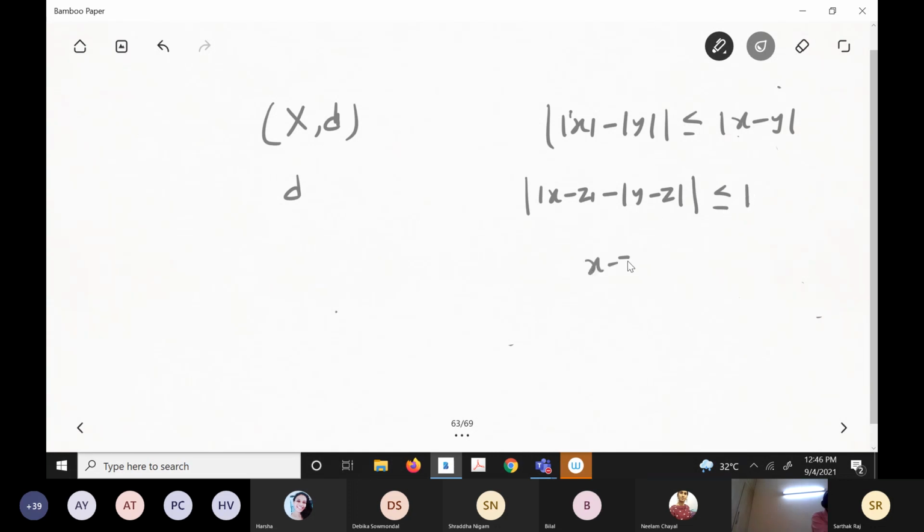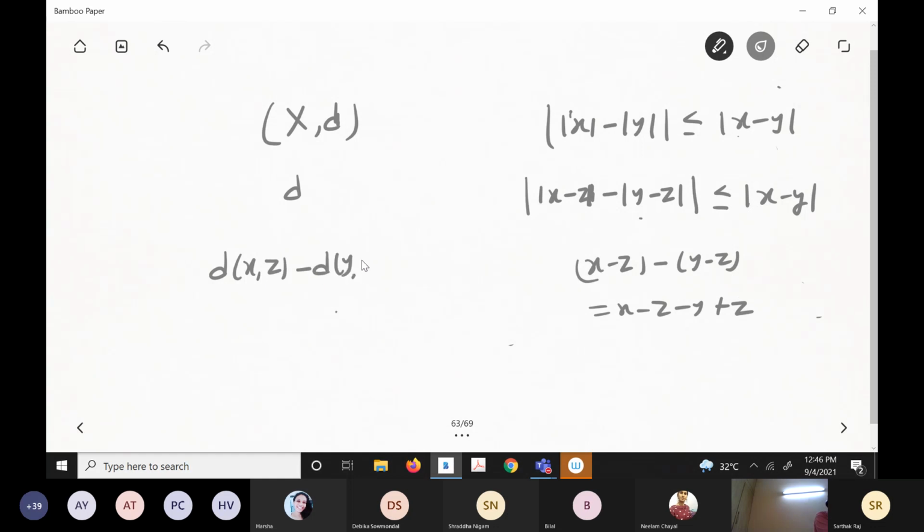So the distance between x and z, and between y and z, gives d(x,z) minus d(y,z) less than or equal to d(x,y).